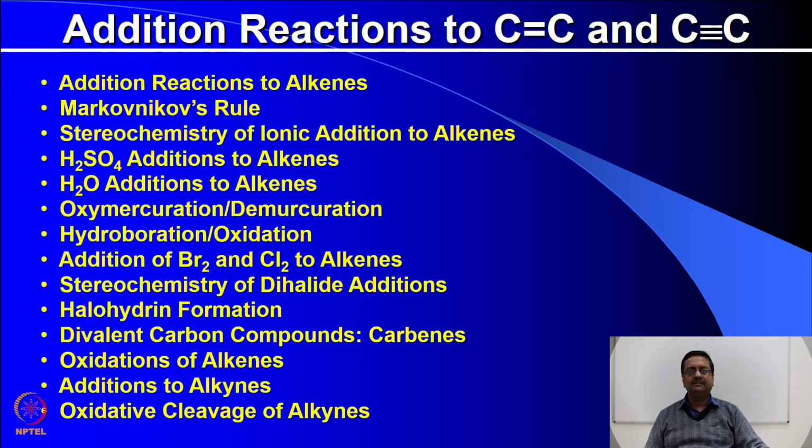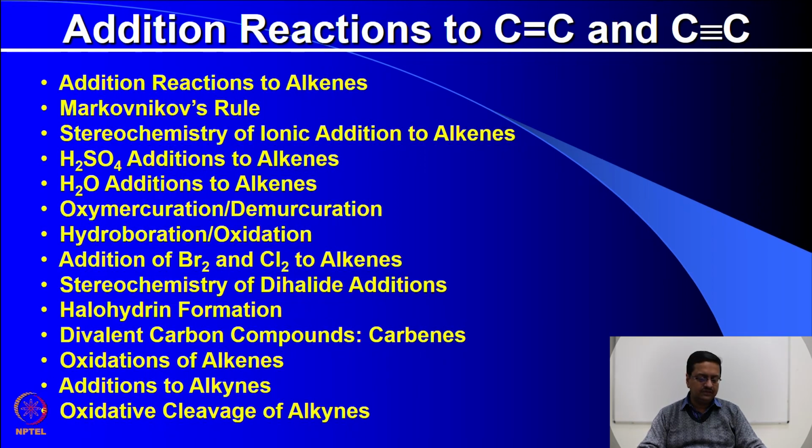discussion on the addition reactions to carbon carbon double bonds and carbon carbon triple bonds. So in this week, we will discuss the following reactions. We'll talk about the addition reactions to alkenes, Markovnikov's rule, stereochemistry of ionic additions to alkene, sulfuric acid addition to alkene, water addition, oxymercuration and demercuration, hydroboration oxidation, addition of bromine and chlorine to alkenes, stereochemistry of dihalide additions, halohydrin formation.